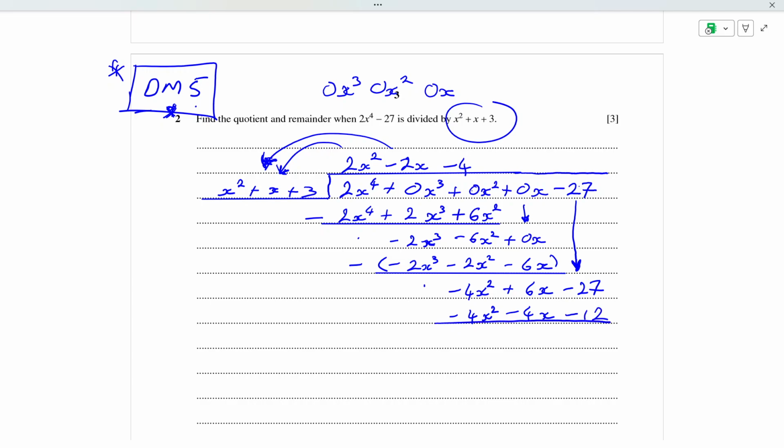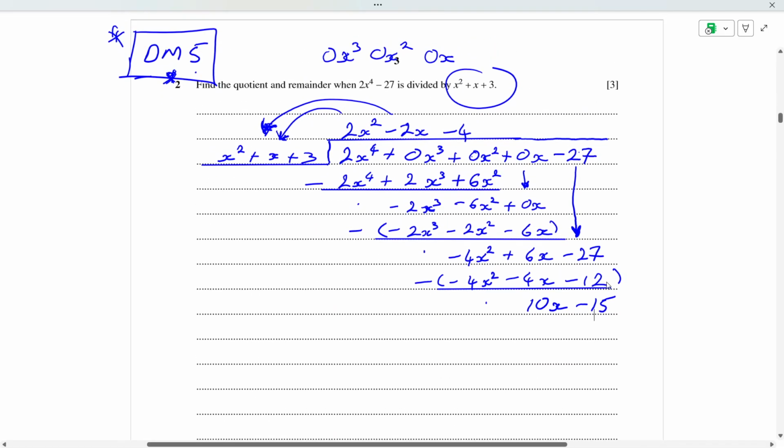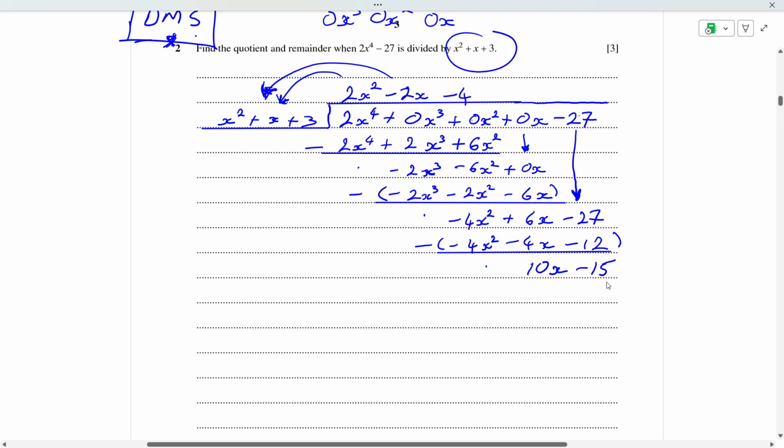And then you do the subtraction. Again, I'll put brackets here. When you do the subtraction, the x squared terms equal 0. 6x minus 4x is 10x, so you have 10x here. And then negative 27 minus 12 is equal to negative 15. Okay, and when you've done that, you've completed number 2.